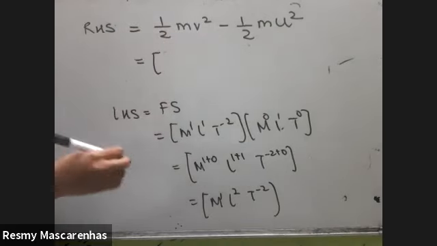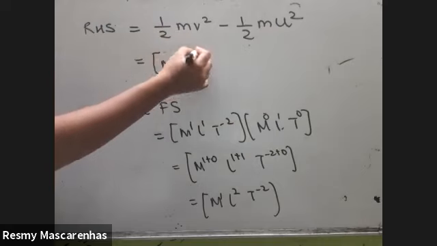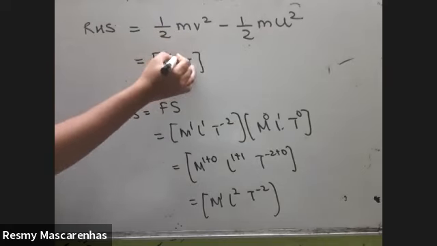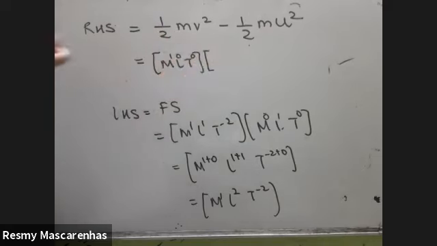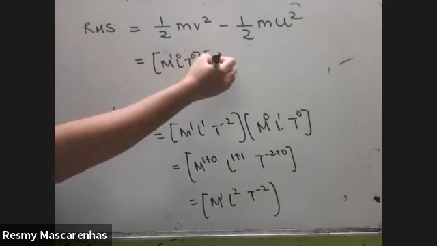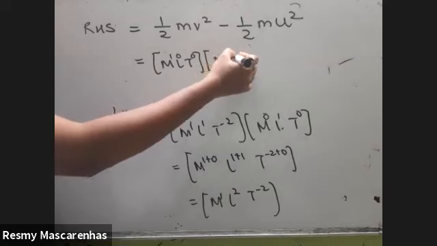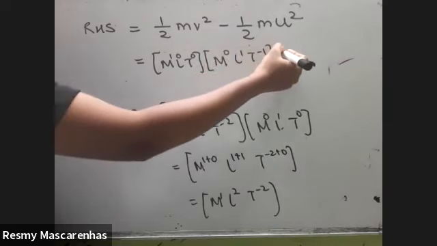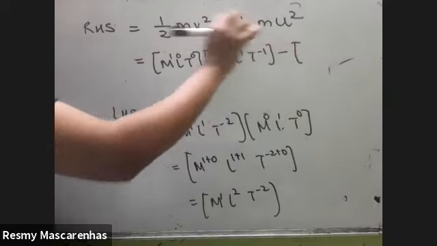Put the dimensions of mass. Put the dimensions of velocity. Again, minus sign, ignore this half again.